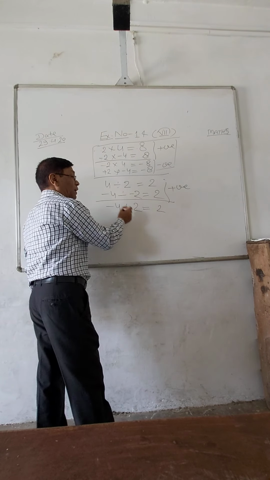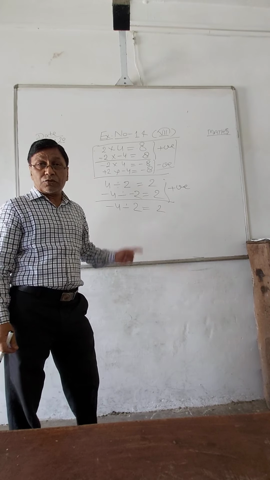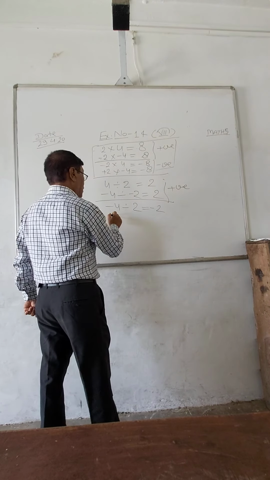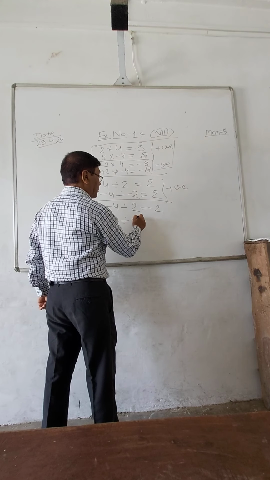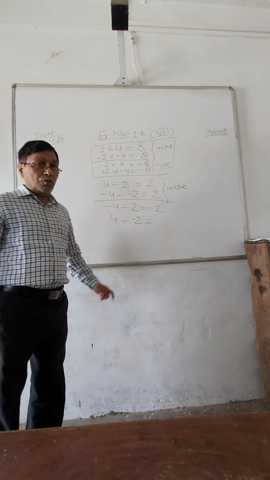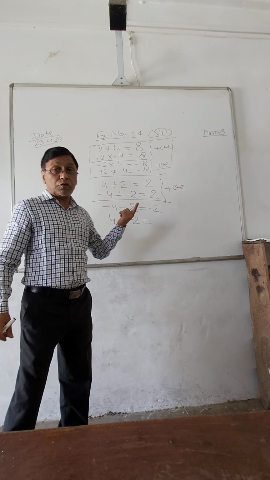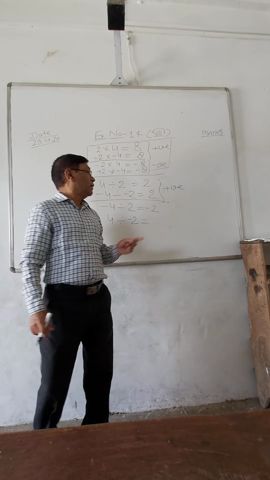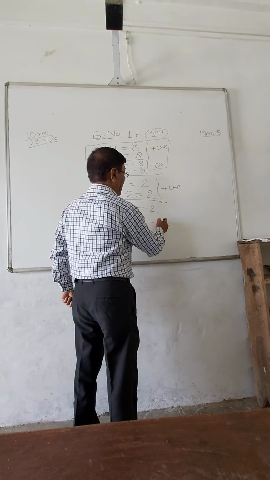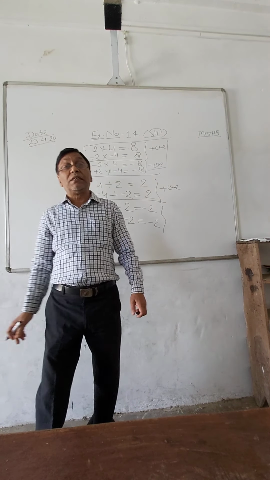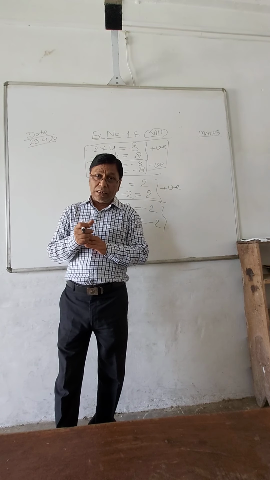Because both have different signs, it will always come negative. Here, 4 divided by -2. Here also one is negative, another one is positive. So if both have different signs, it will also come negative. So this is the rule of putting the sign for the division also.